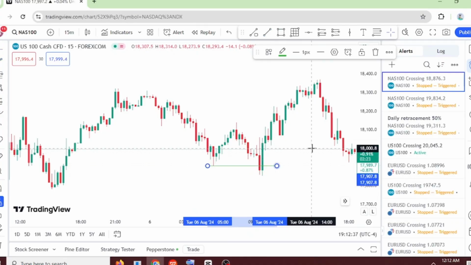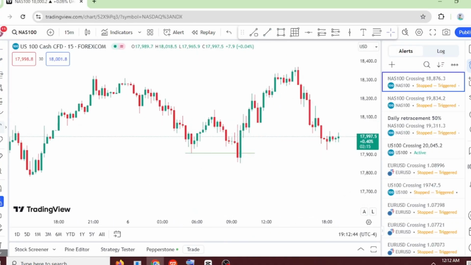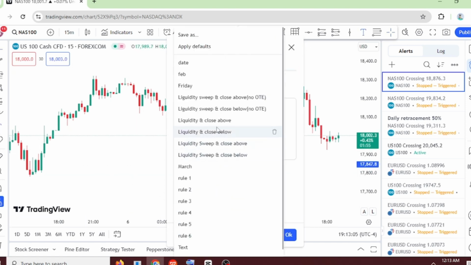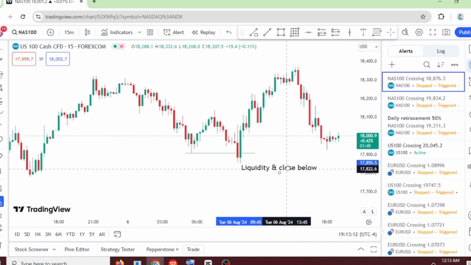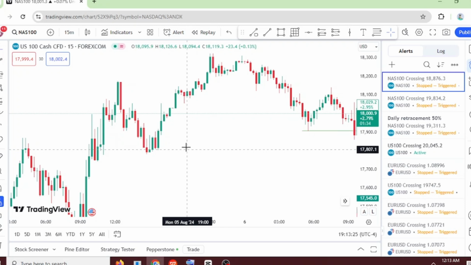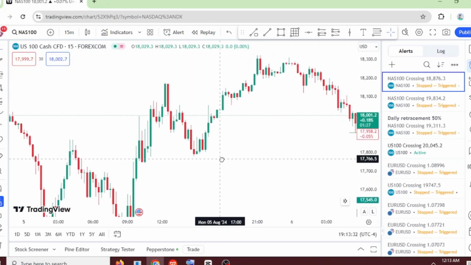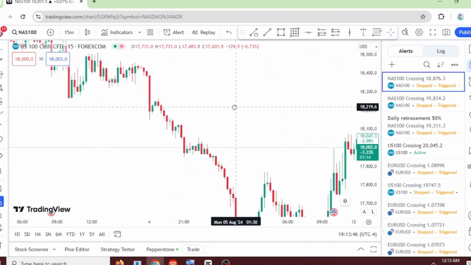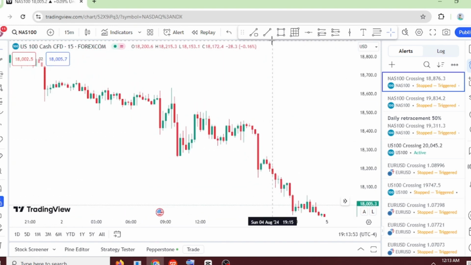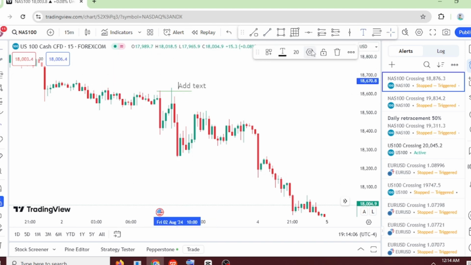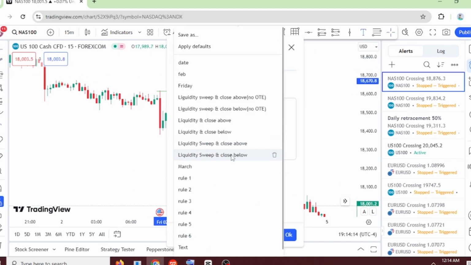Now I will show you how to use this strategy on the chart. In this example, the area that's marked with a line shows a liquidity purge, but the candle closed below the liquidity. So as you can remember, we don't put a setup here because this is a signal that the price might start delivering lower. In this next example, the liquidity has been swept and the price closed below.